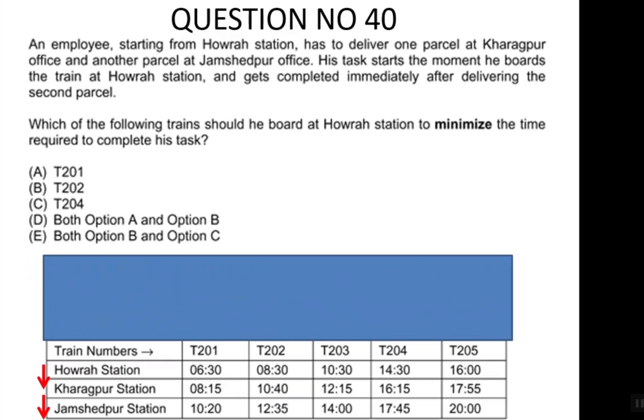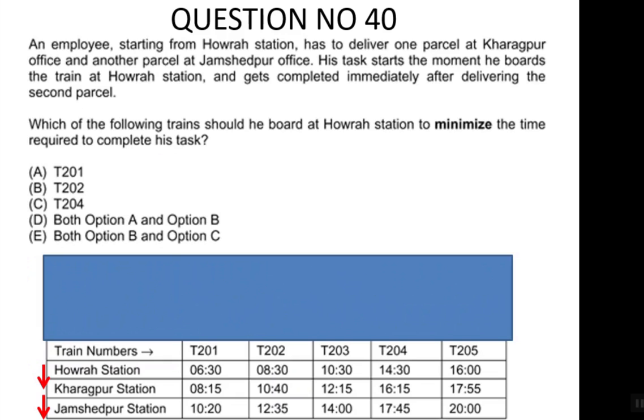The options contain train numbers T201, 202 and 204, which are present in the second half of the table. That means the ideal scenario is he travels from Howrah to Kharagpur and Kharagpur to Jamshedpur in that order.